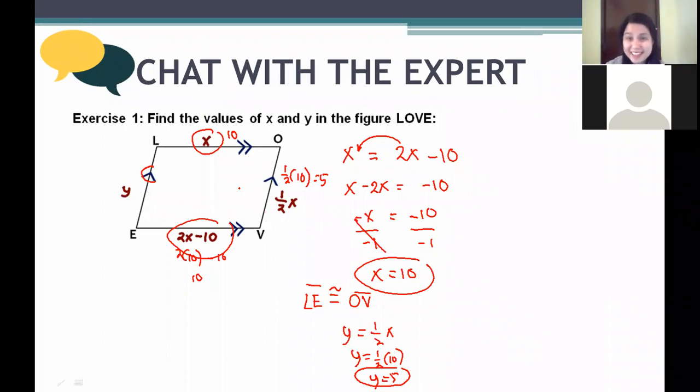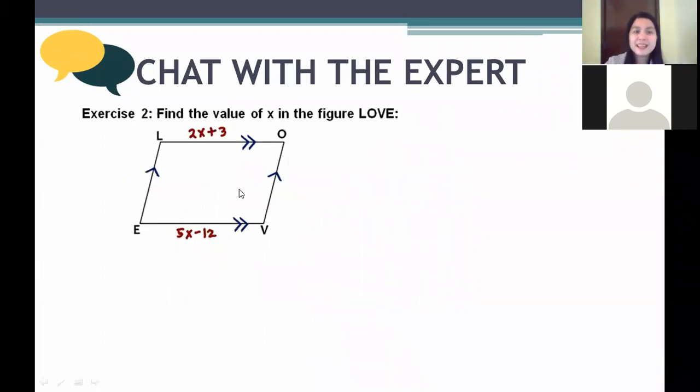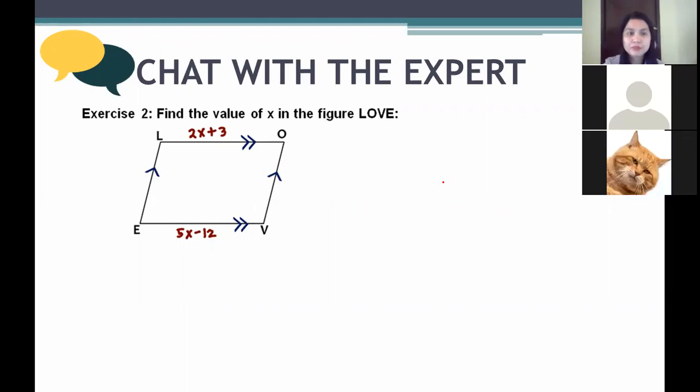Let's go to the next example, okay? Now, here, you check. What's the relationship of LO and EV? What does the theorem state?